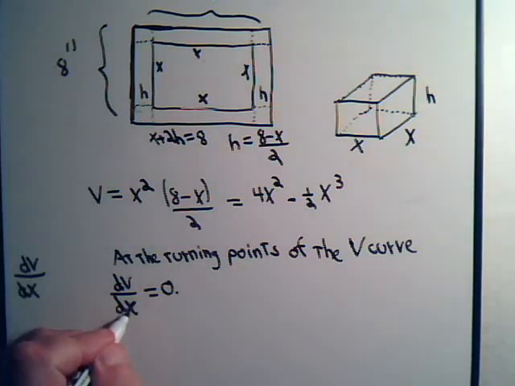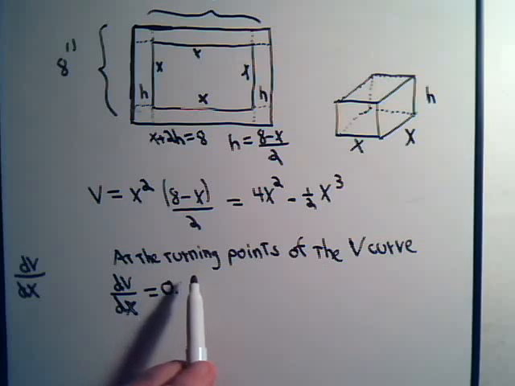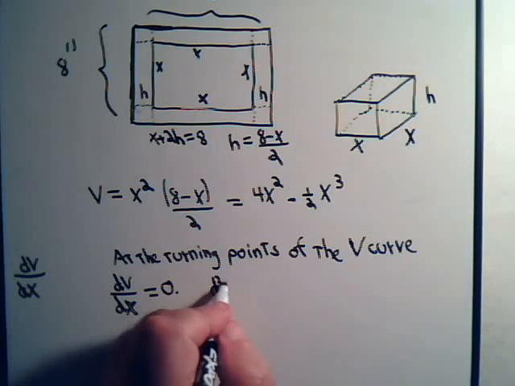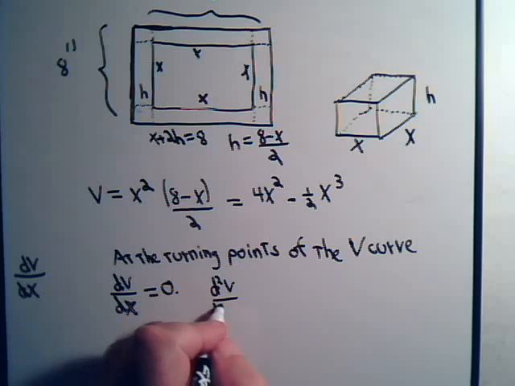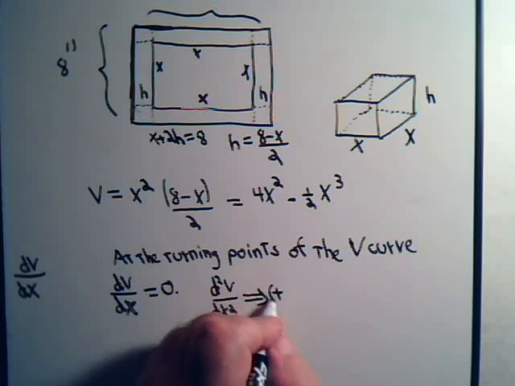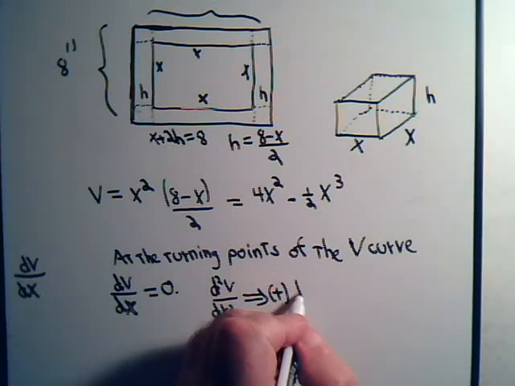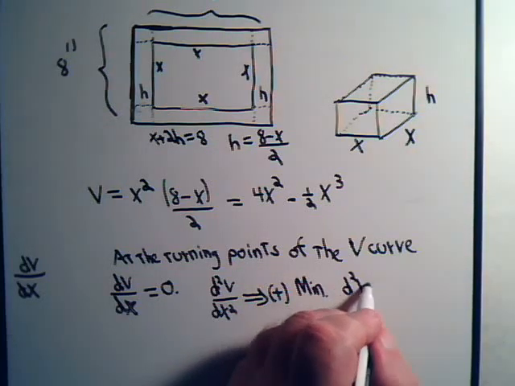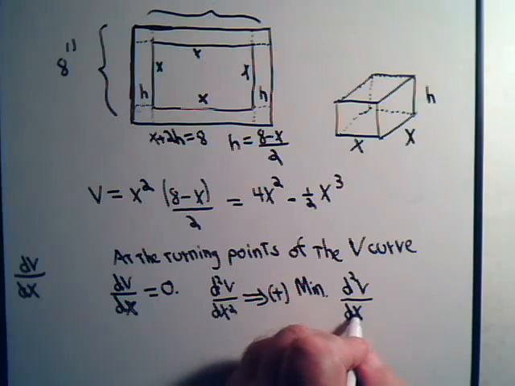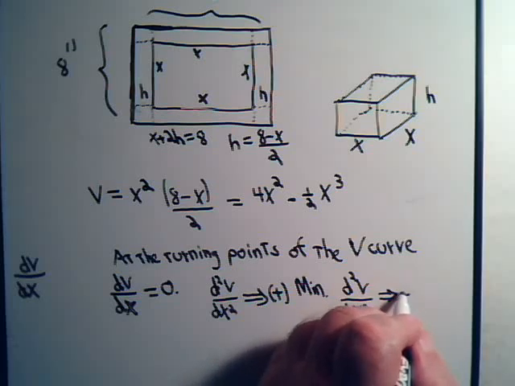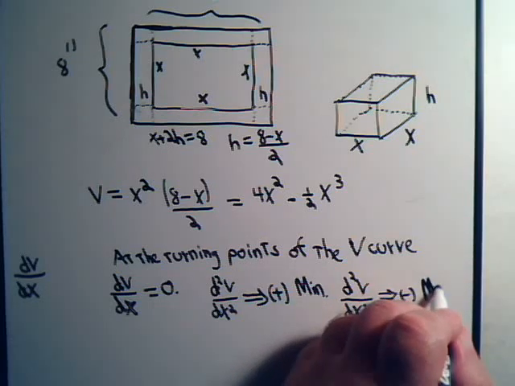Now once we do that, once we determine those turning points, then we want to know, is it a maximum or is it a minimum? Well, we know that when we take the second derivative, that will have a positive value at a minimum point. And that second derivative will have a negative value at a maximum point.